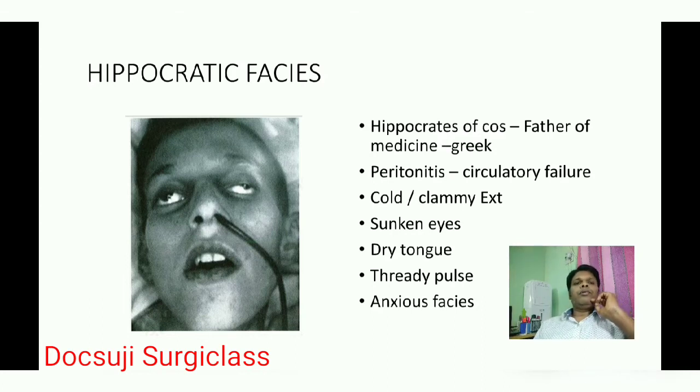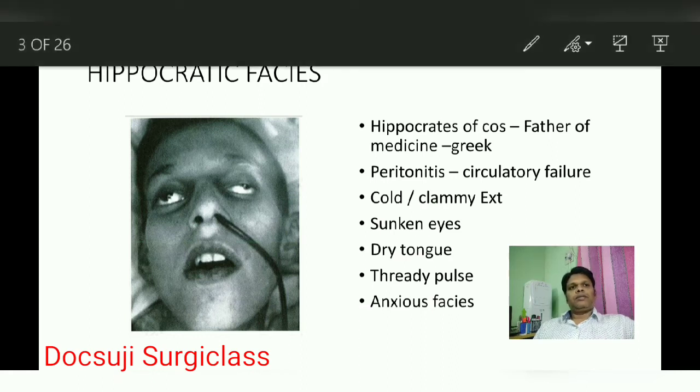You all know that Hippocrates is the father of medicine. He is a Greek physician and surgeon, and he is basically from the island called Kos. Then this facies you can describe as an anxious facies.